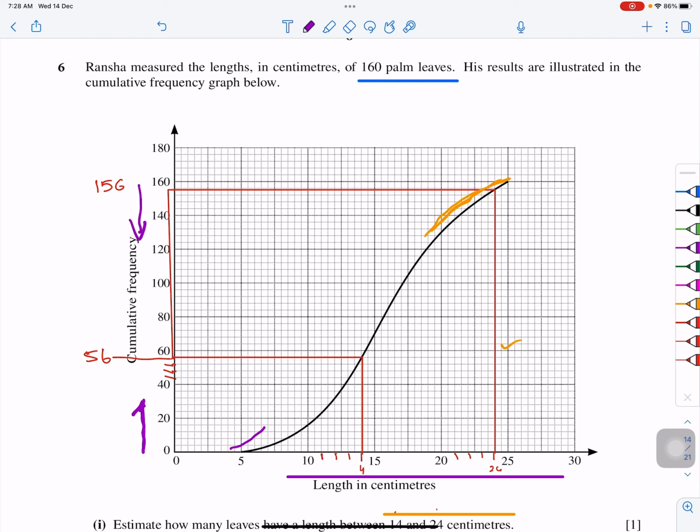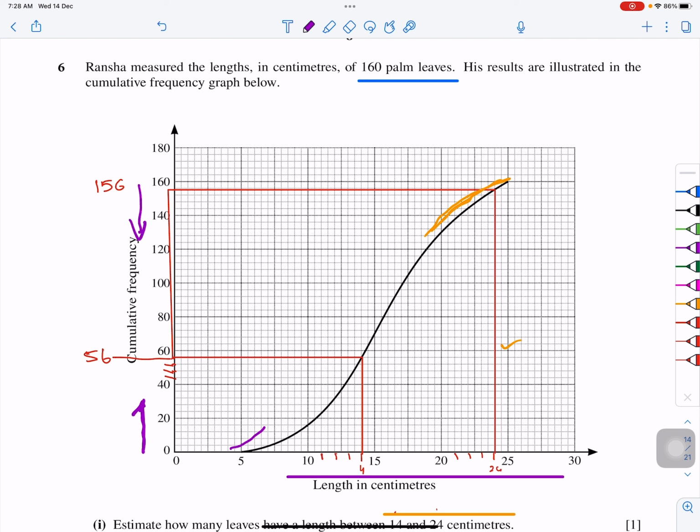So it means I will see what is 144 here, and then I will go and read the reading here, because the few leaves which are here have length more than L centimeter. So I have to find out what is that boundary of L. Okay, so let's see where is 144 and above on this graph.